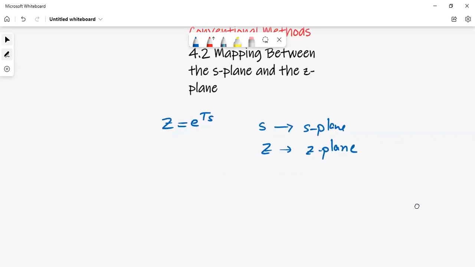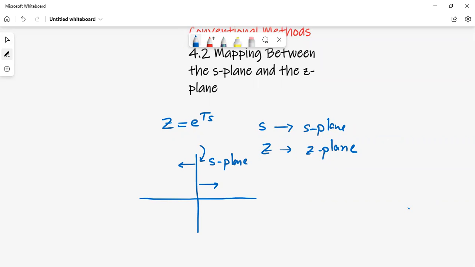As we said, what we already know is that in the S plane, the poles in the left half plane actually give a stable system. Poles in the right half plane give an unstable system. Poles on the j omega axis give us a system which is marginally or critically stable.